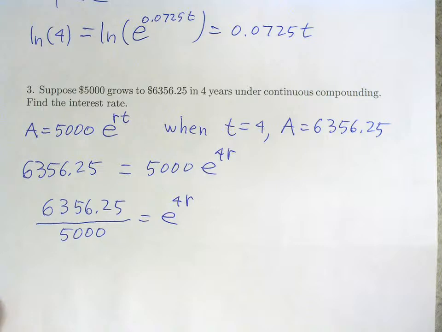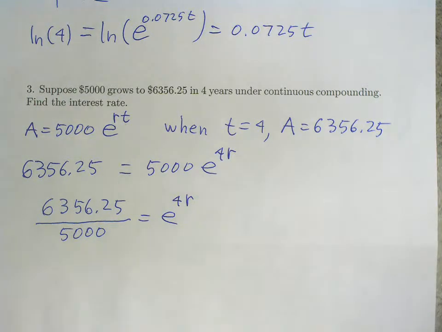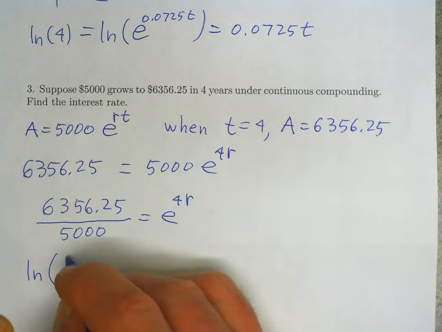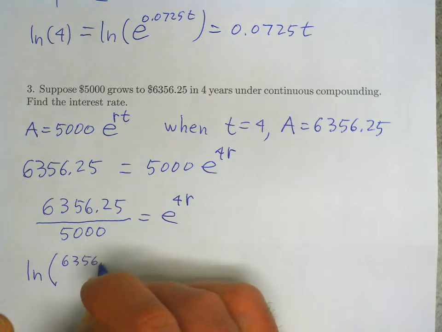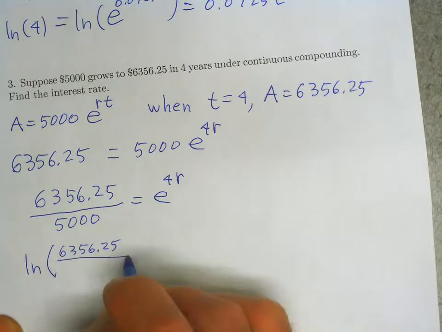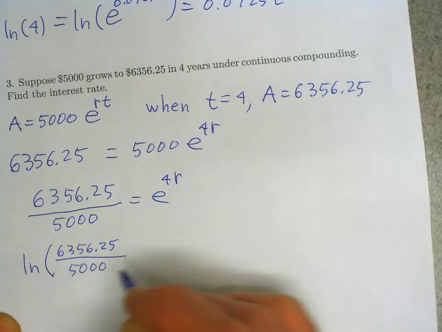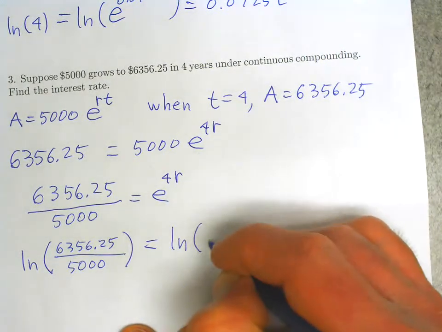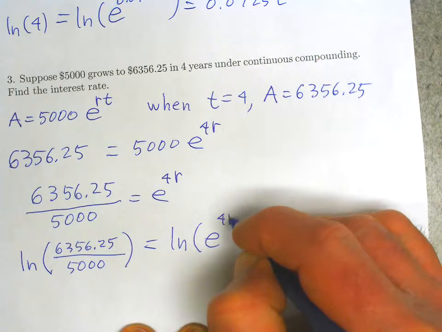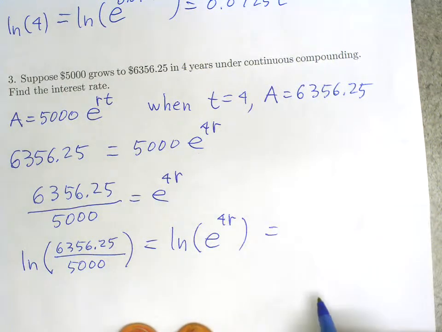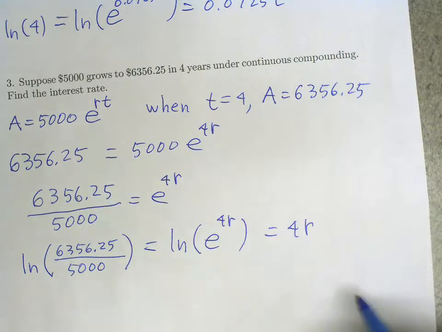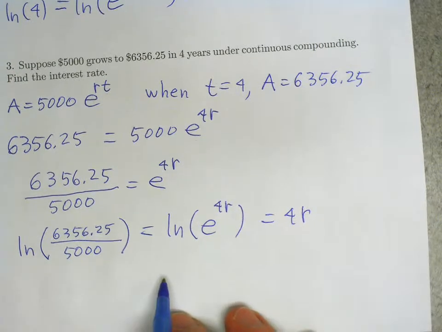And now we take the natural log of both sides. So we get the natural log of the left-hand side, 6356.25 over 5,000, that's equal to the natural log of e to the 4R, but the natural log of e to the 4R is 4R.